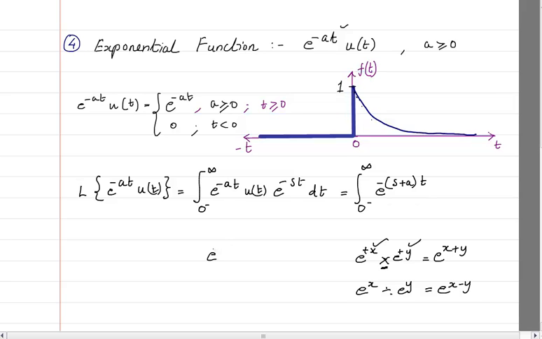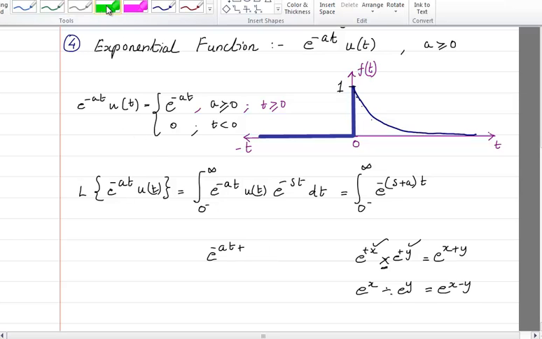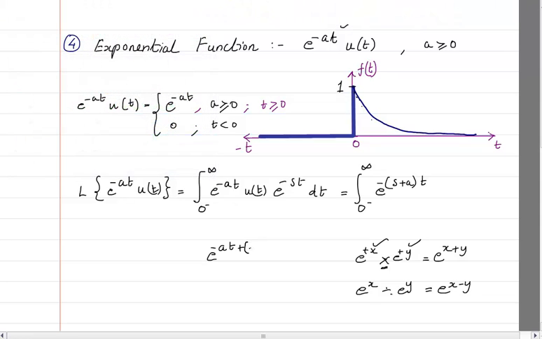Because e raised to power minus at plus minus of e raised to power minus of st. That basically, e raised to power minus, I can take out common, so it becomes at plus st, from which I can take t commonly outside, so it becomes e raised to power minus s plus a t commonly outside. That is what I have straight away written here into dt.